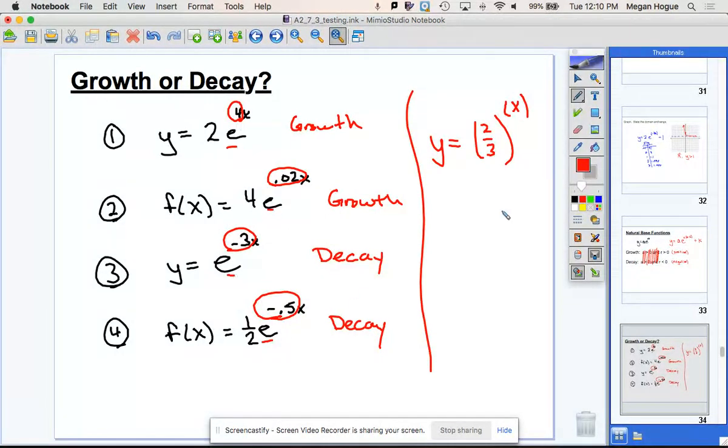When I go back to the ones that aren't the E values, I have to decide whether this number is a fraction or whether it's bigger than 1. Since this is a fraction, this is actually decay. So tonight it's not going to be bad because you're just deciding whether it's positive or negative. But when you go back and start mixing them up, getting ready for the quiz on Friday, we have to be careful. If you're looking at this kind, fraction, bigger than 1. This kind, positive or negative. So that's what we want to be careful about.